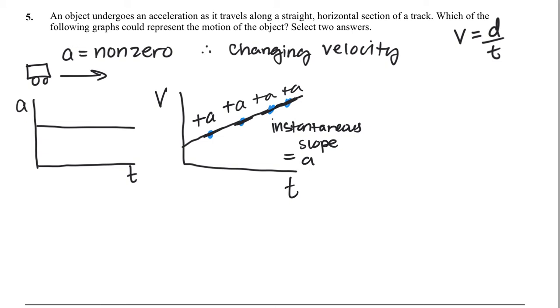Okay? So from here, we know that since velocity is changing, position would also be changing. So if a car starts from a small speed and increases its speed, of course its position is not going to change at a constant rate.